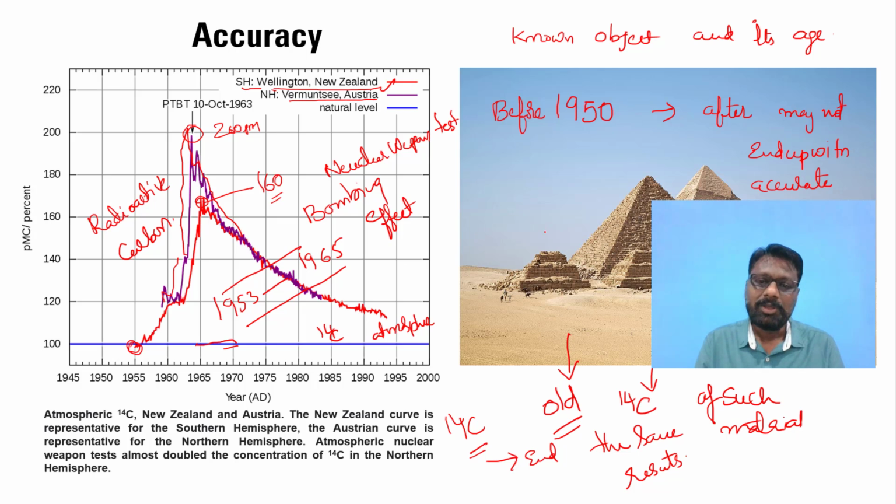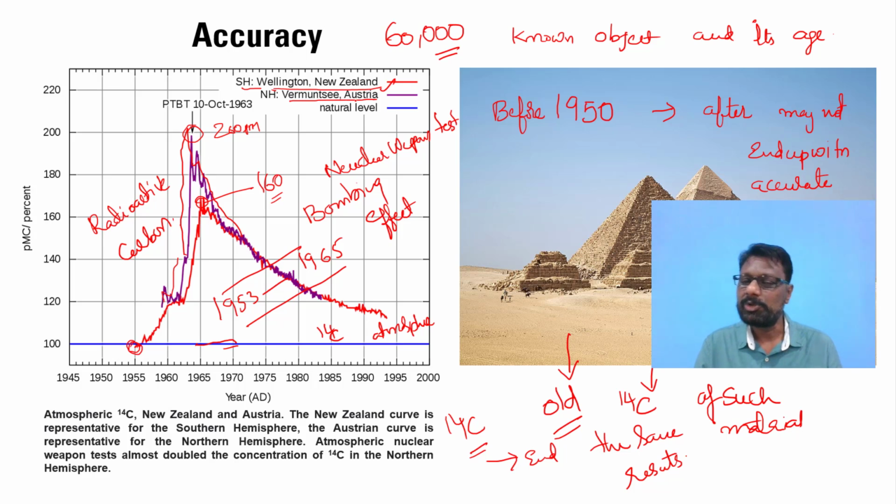Also, this carbon dating technique cannot be used for fossils which are very old, beyond 60,000 years. So when we go for millions of years, or objects above 60,000 years, you may not get accurate results, and this carbon dating technology will not suit.